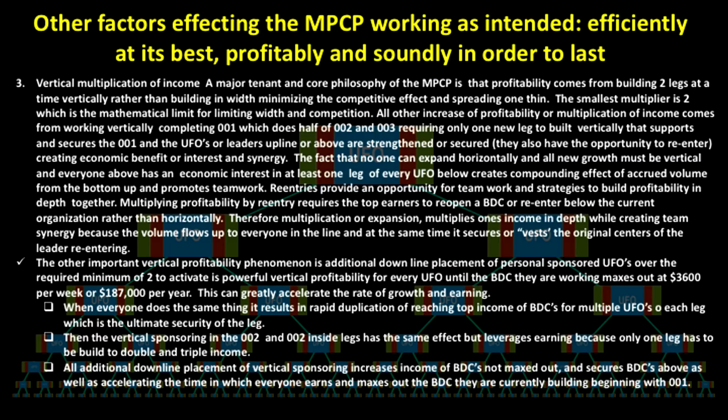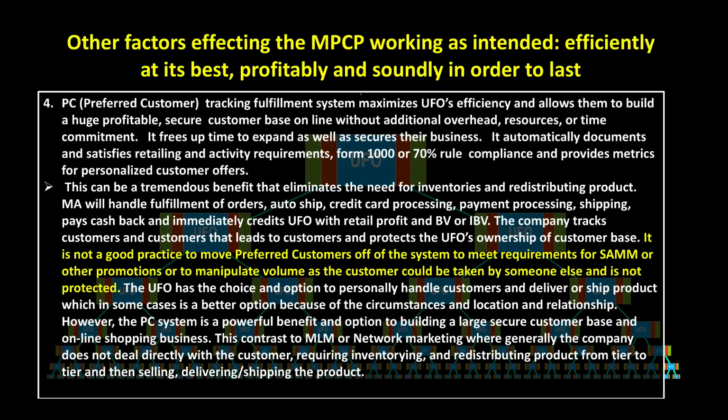When you do re-entries, that volume also counts for the 002 and 003, so those re-entries are vesting the 002 and 003, and you're multiplying your income, but at the same time helping everyone else. So you don't want to do anything that's going to dilute or go against that grain or that philosophy or that principle.